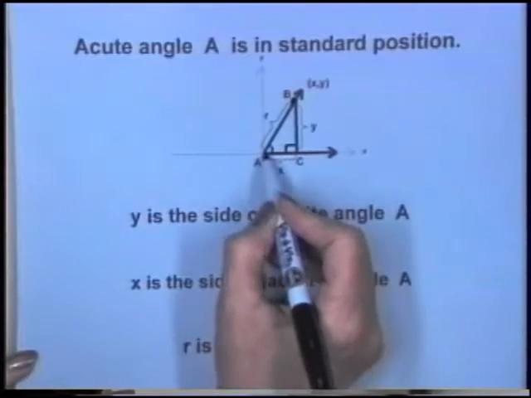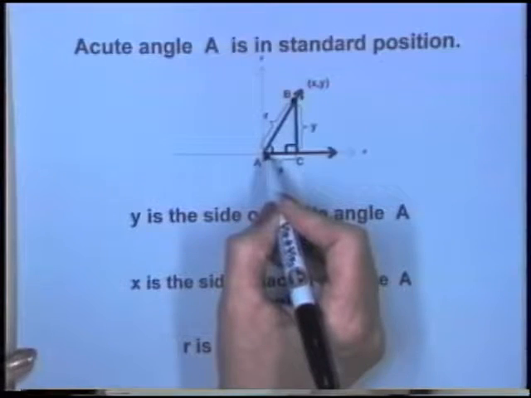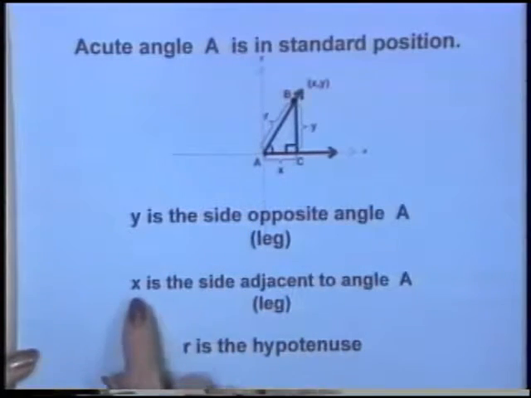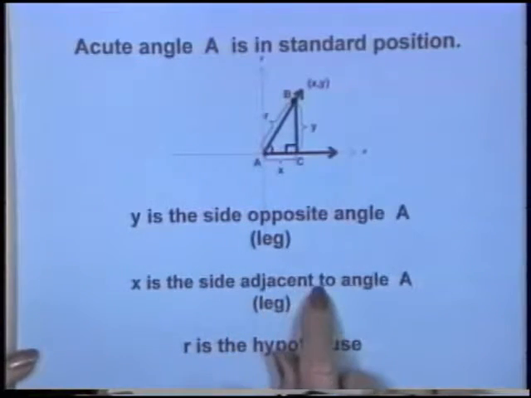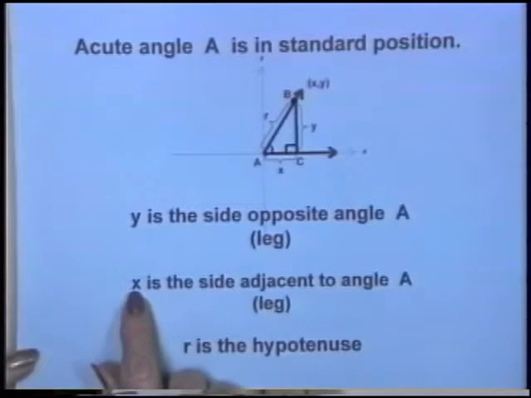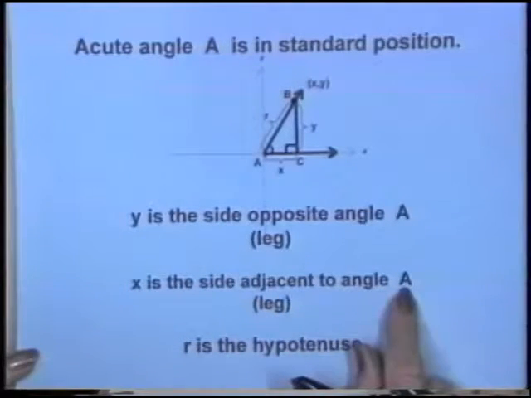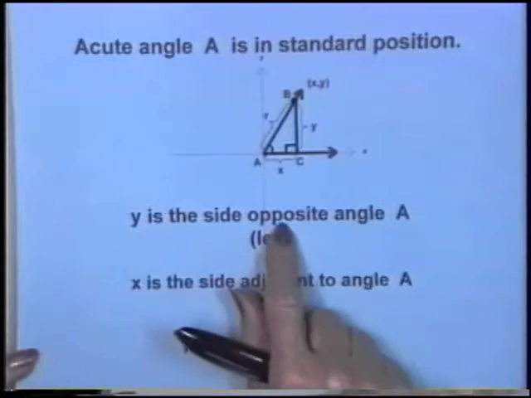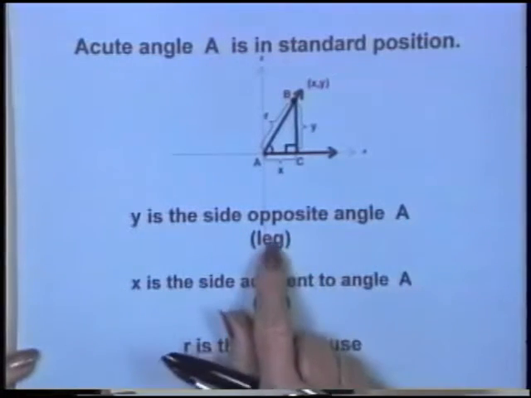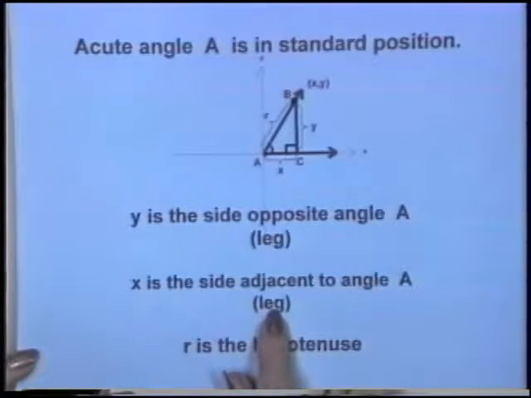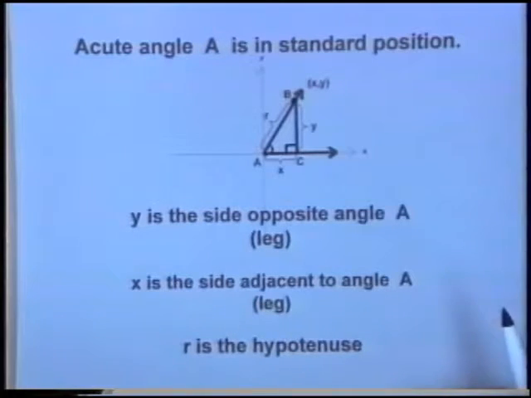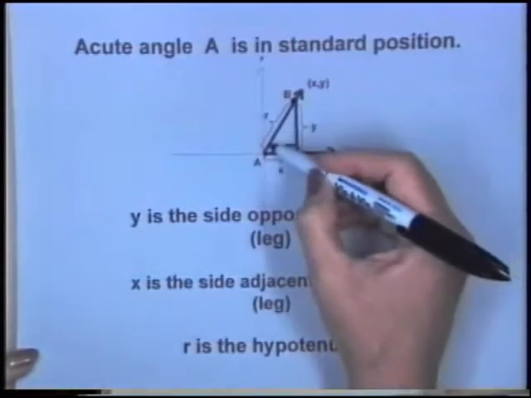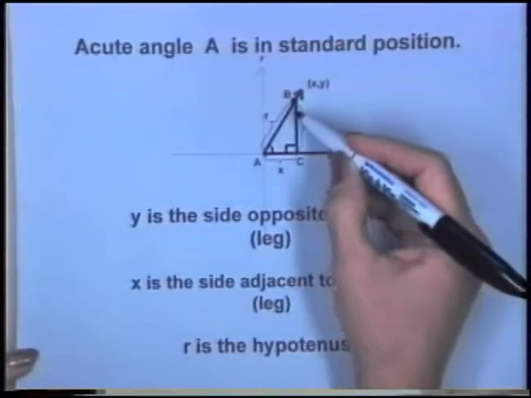And then this side is next to angle A, and we say that it is the side adjacent to angle A. So x is the side adjacent to angle A, y is the side opposite angle A, and these are both legs. We only define opposite and adjacent for the acute angles in the right triangle.